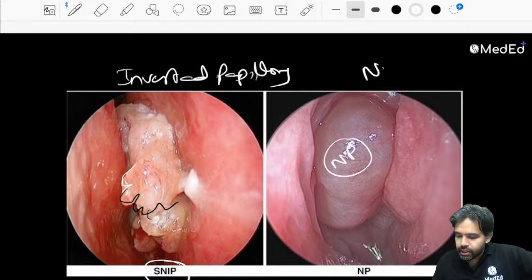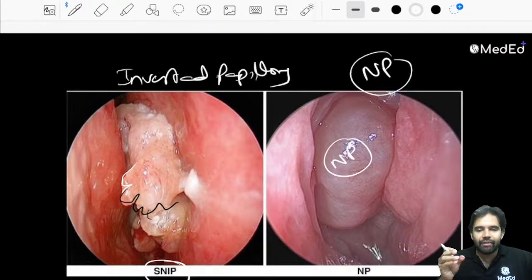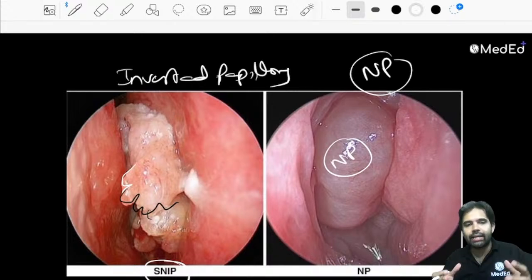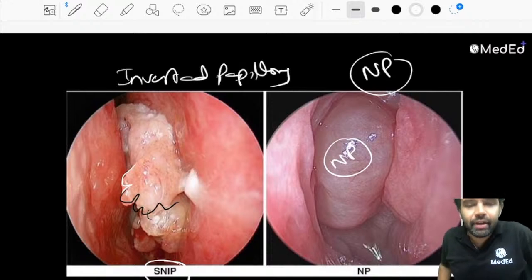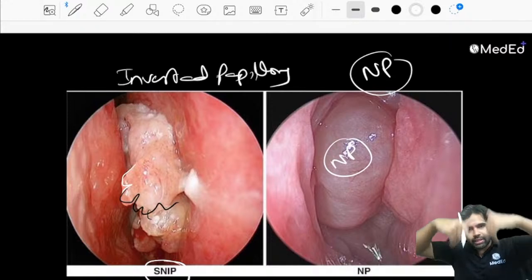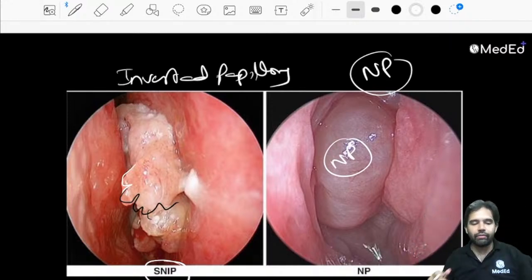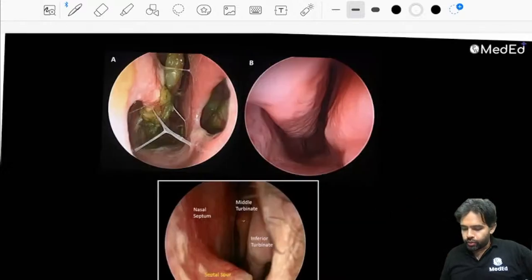Nasal polyposis will be very pale and very fluid filled, whereas inverted papillomas will have some blood tinge, also slightly darker in color, and they will have a very irregular outer surface because it's going inverted. So this is a question that is asked a lot, even asked in this FMG exam that just happened a couple of days ago.